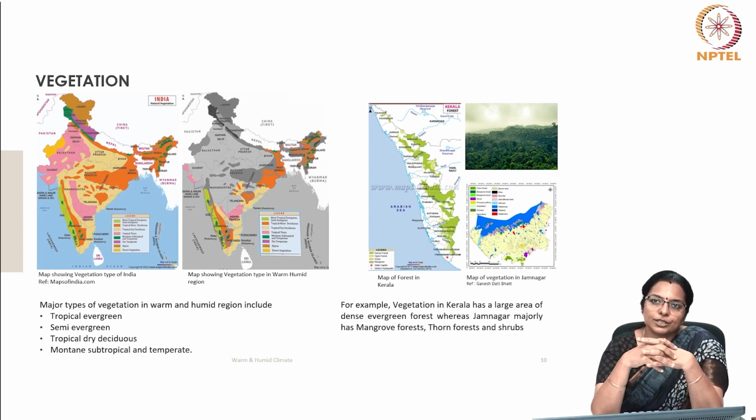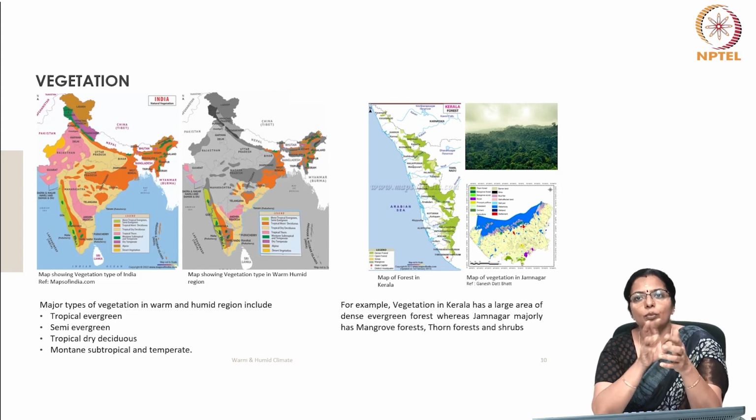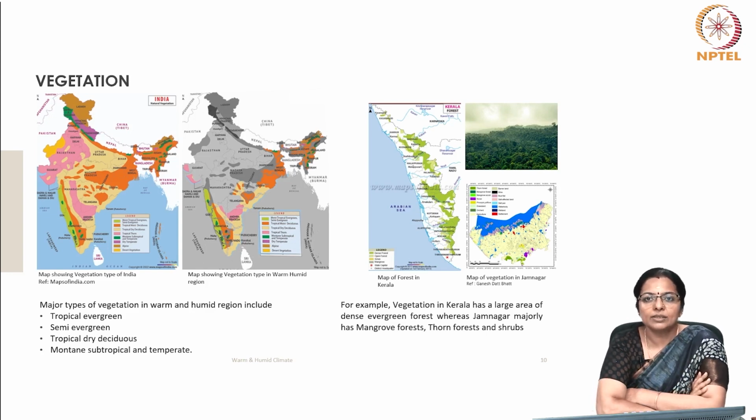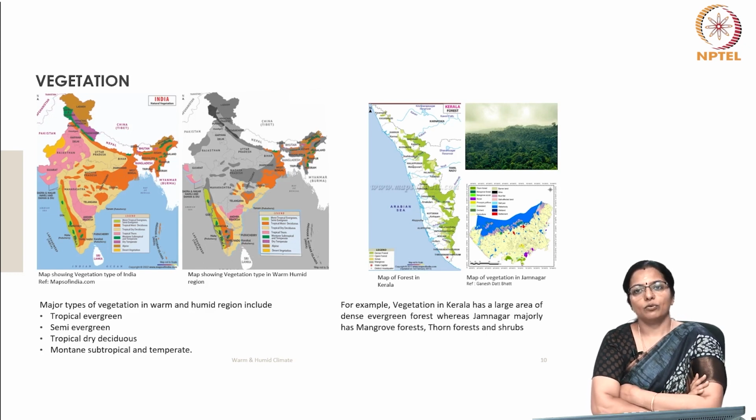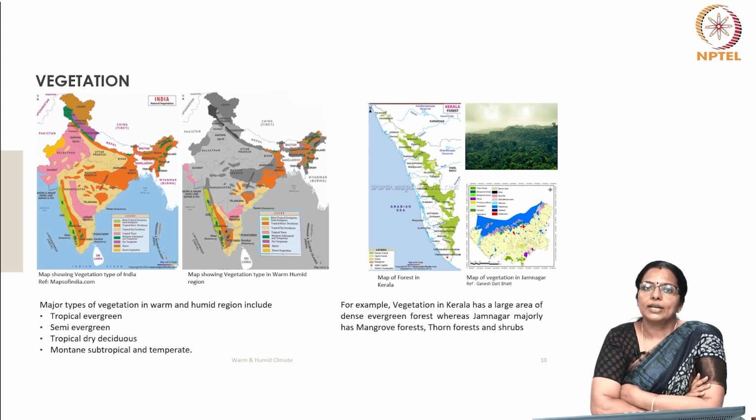Major types of vegetation in warm and humid regions include the tropical evergreen, the semi-evergreen, the tropical dry deciduous, and the montane subtropical and temperate types of vegetation. For example, vegetation in Kerala has a large area of dense evergreen forests, whereas Jamnagar majorly has mangrove forest, thorn forest, and shrubs.